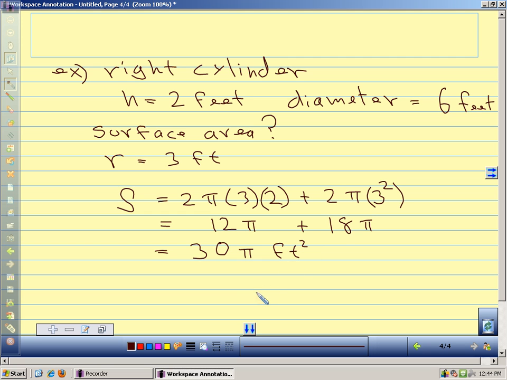If we want an approximate answer, we'd multiply 30 times pi, and we'd get approximately 94.25 square feet. So if our problem asks us for an exact answer, we just leave pi in our answer. If it asks us for an approximate answer, we multiply and round where it tells us to. Questions on using that formula?